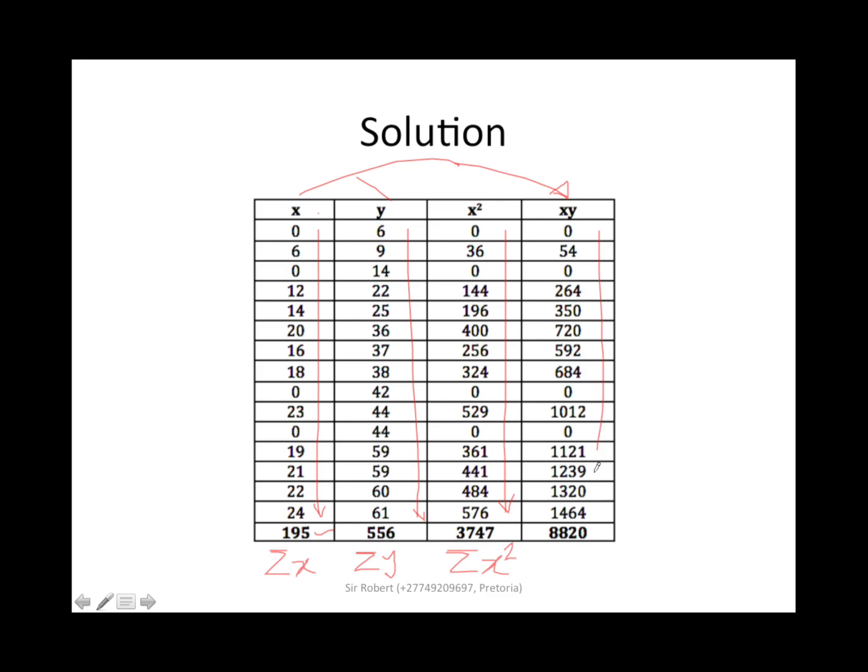Once you do all the xy products, you sum them up to get 8,820. This is your summation of xy. Once you are done with that, you proceed to the next stage.